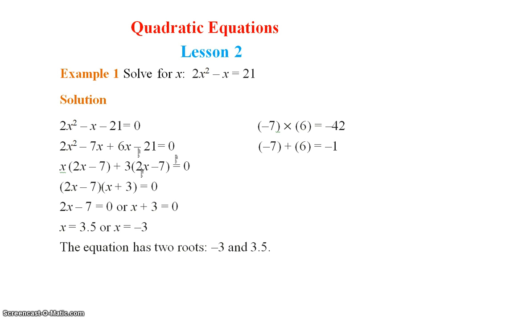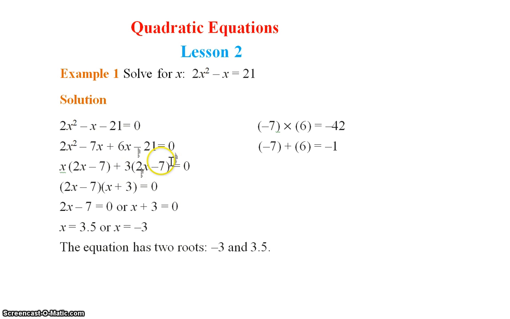Now the left side of the equation is the sum of two terms with greatest common factor 2x minus 7. We can factor out 2x minus 7, and in brackets we will get x plus 3. We divide first term, which is x times 2x minus 7, by 2x minus 7, and we get x.